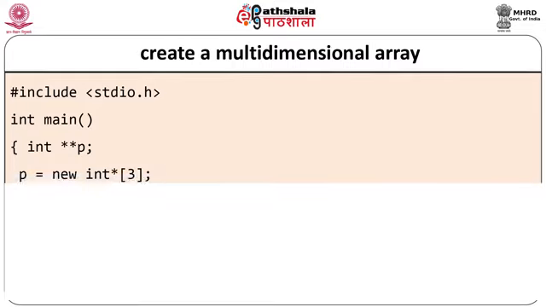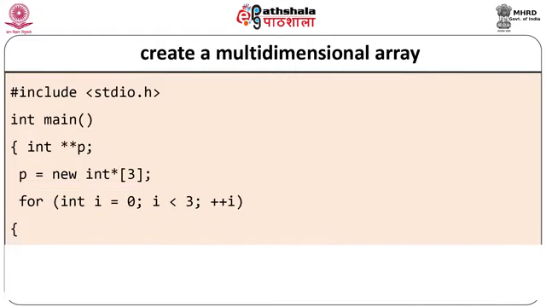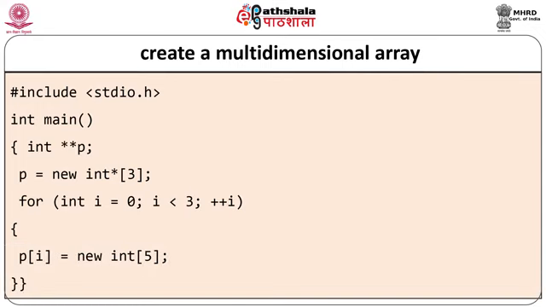Next line, p equal to new int* 3. Then we are using a for loop for int i from 0 to i less than 3, plus i. p[i] equal to new int 5.